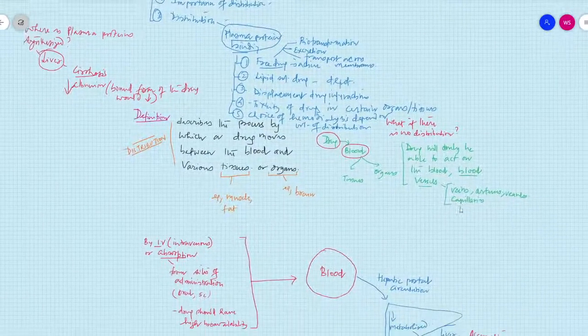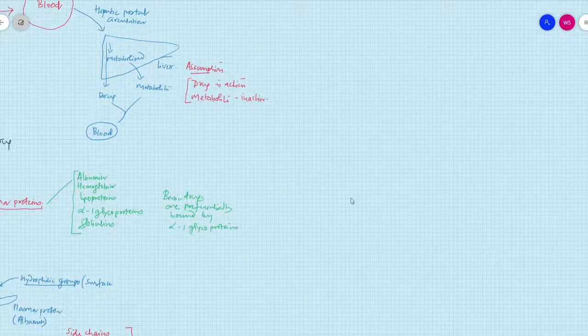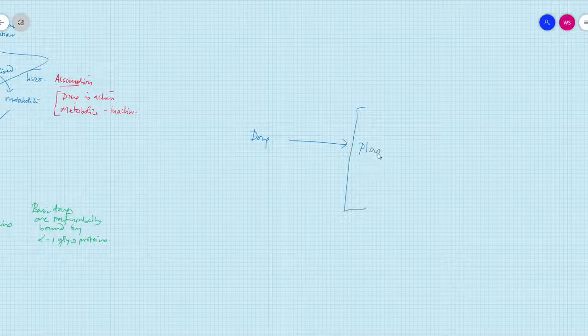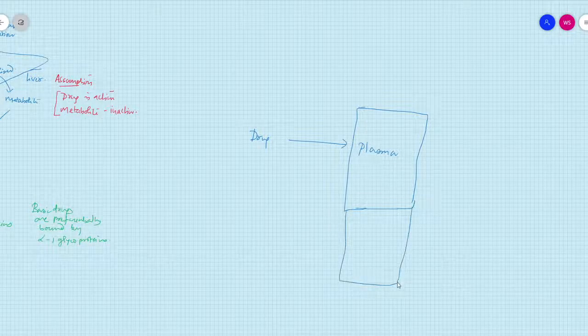Let us now schematically summarize what we have learned thus far. We introduce a drug into, let's say, the plasma, and from the plasma we said the free drug enters into the tissues.